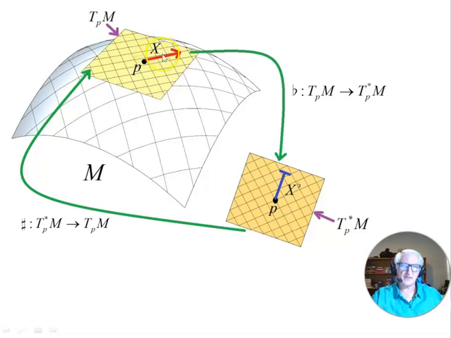Then we've asked ourselves what is the flat of that vector, and the flat is a map from this tangent space to this cotangent space, so it maps this vector from here to a one form here. The vector exists in the tangent space to the point P on the manifold here, and the flat of that is a differential one form which exists in the cotangent space to the manifold M at the point P, hence the upper asterisk, and it is a one form here, X flat.